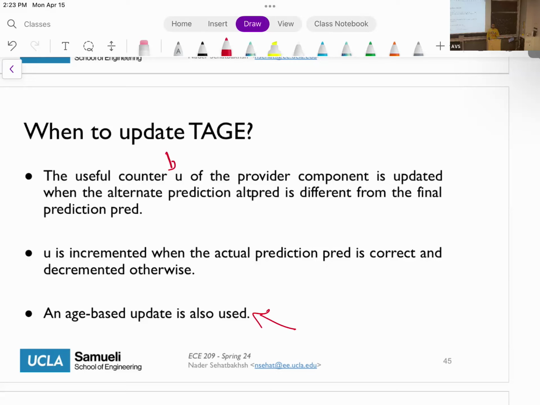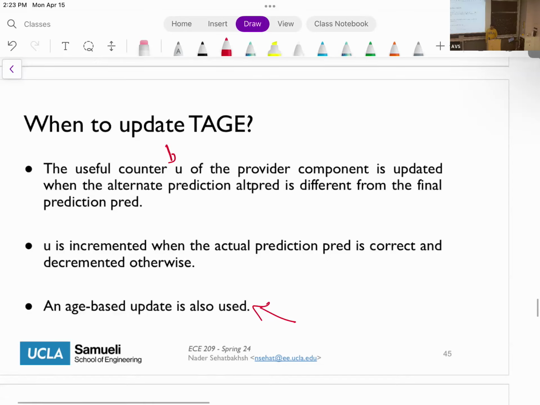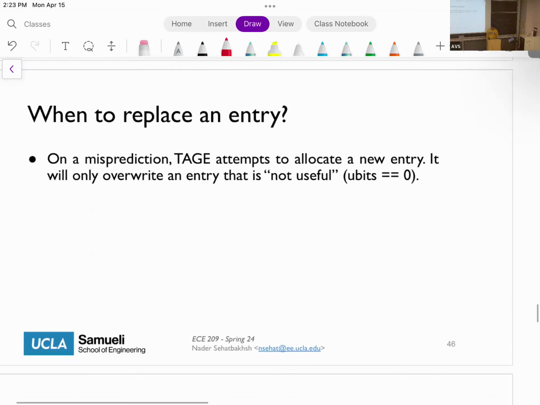You don't want a branch to sit there and never leave that table for a long time. If nobody is using that particular branch, eventually it will be kicked out by itself. That's the idea.